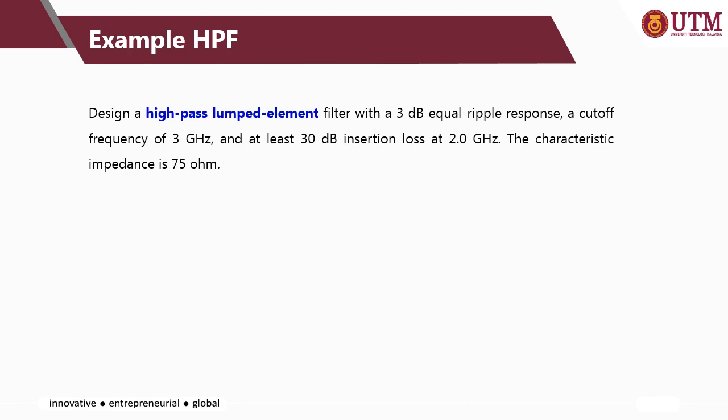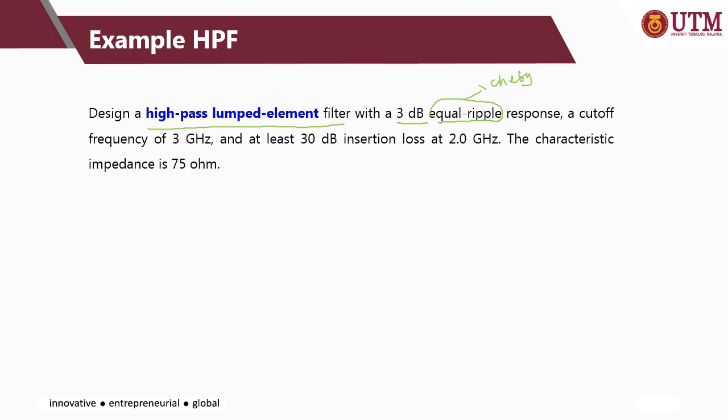Okay, next, let's look at another example. This question asks you to design a high pass filter lumped element with 3 dB equal ripple. So obviously this is for Chebyshev, right?